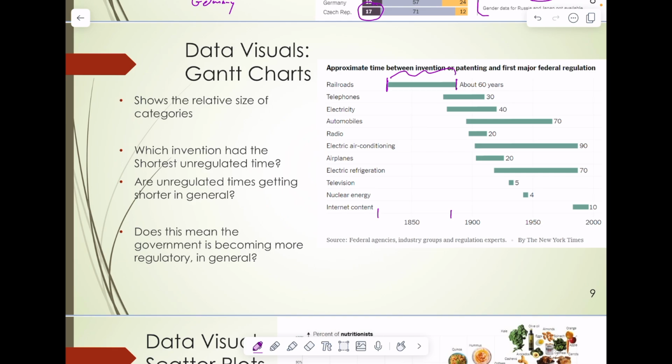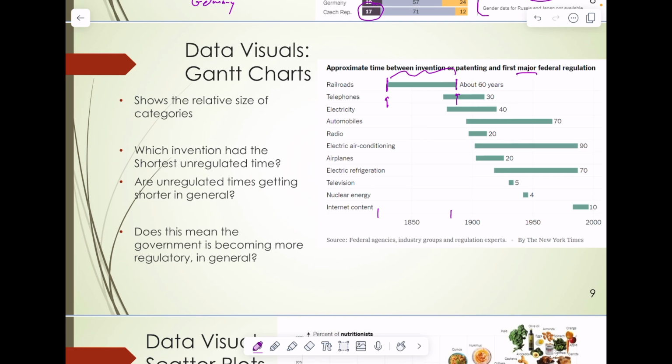So this is the time between inventions or patents and the first federal regulation. So railroads were developed very early on, and it went about 60 years before there was a major federal regulation. Okay, it shows the relative size of categories, but includes other information as well.